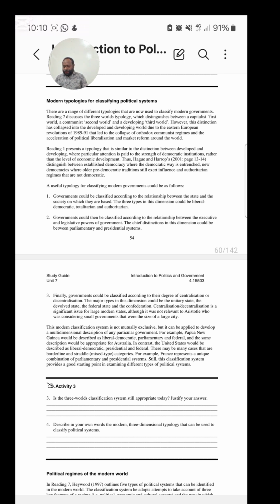Now, these 2 dimensions form the basis of the study of types of political society or political system. Now let's look at these 2 dimensions: who rules and who benefits.